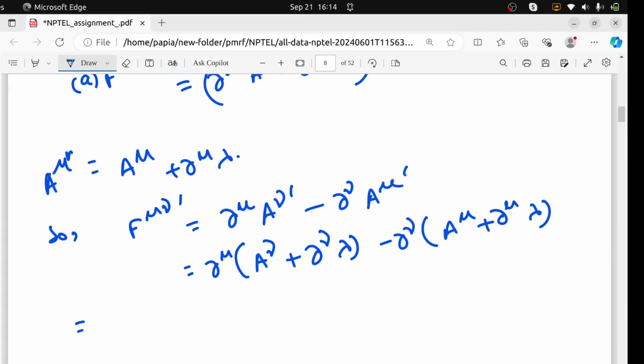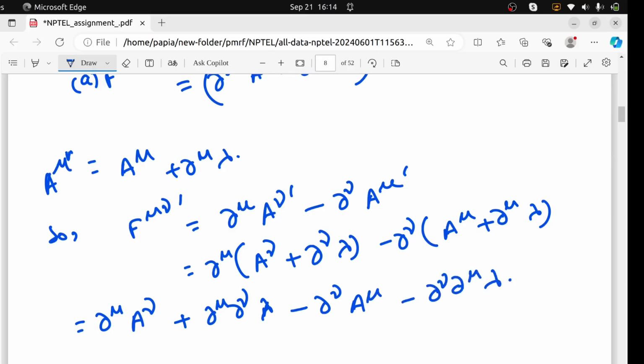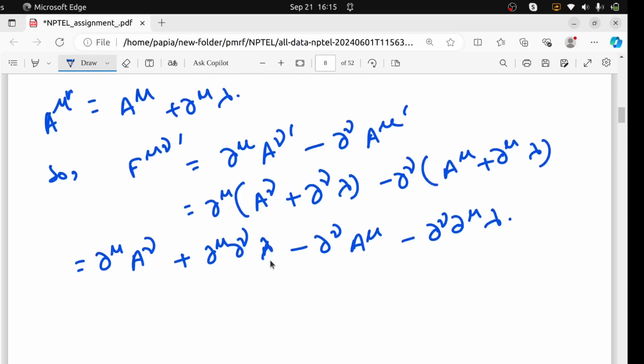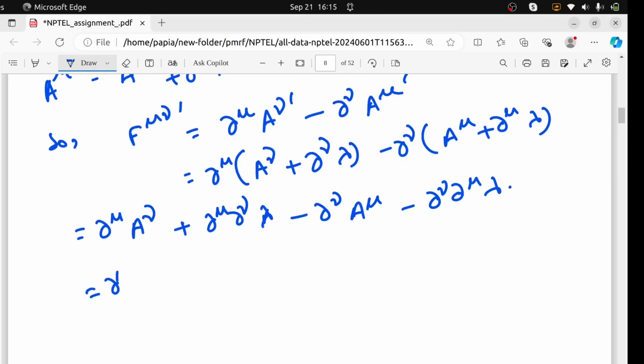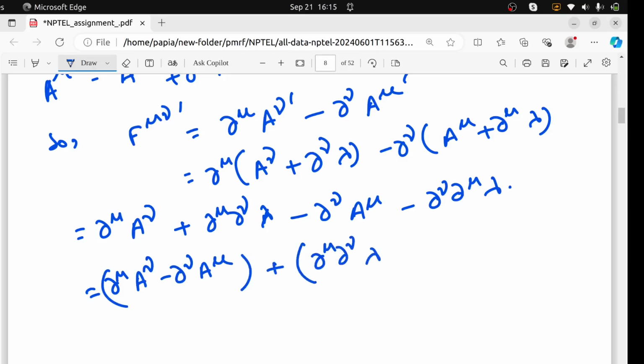So let me write here ∂_μ A_ν plus ∂_μ λ, ∂_μ A_μ minus ∂_μ λ. Okay. Now you can see here, if I write ∂_μ A_ν minus ∂_ν A_μ, then plus ∂_μ ∂_ν λ minus ∂_ν ∂_μ λ.